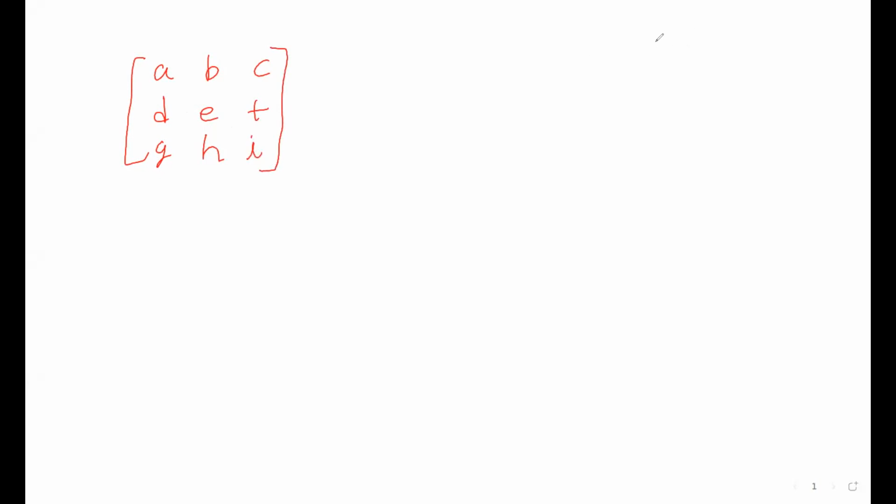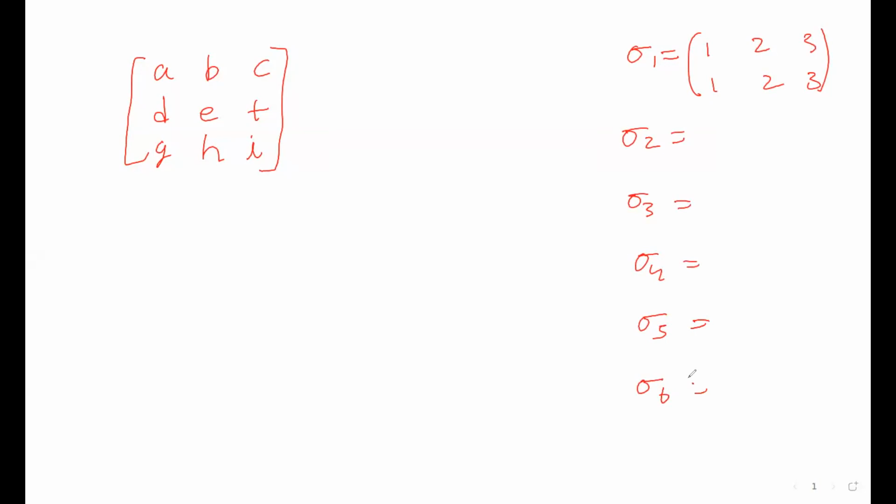So now look at the 6 permutations that we have. 1 2 3 gets mapped to 1 2 3. This is the first permutation. Then 1 2 3 and 2 1 3.